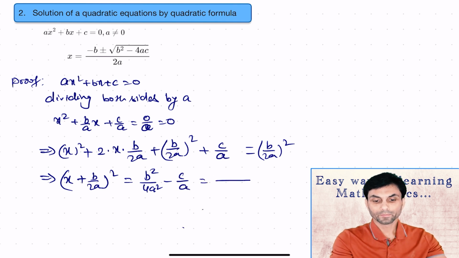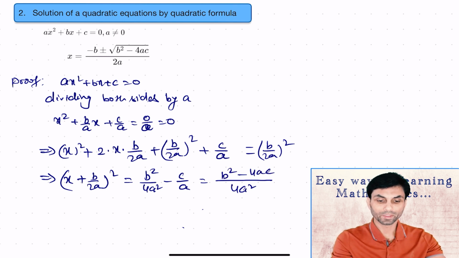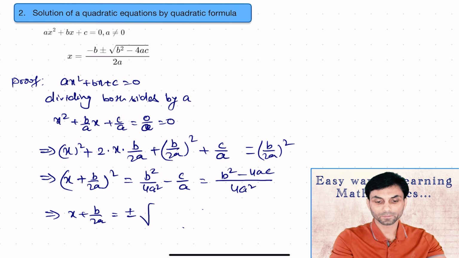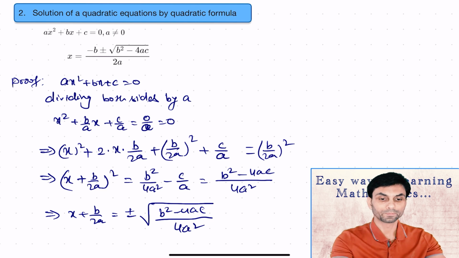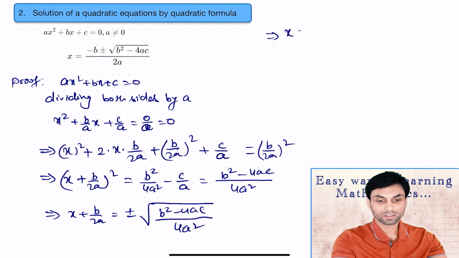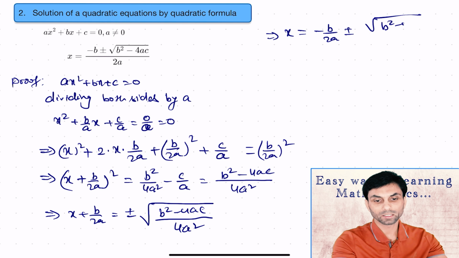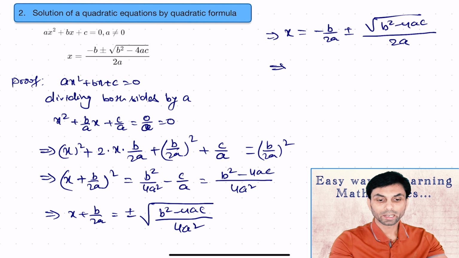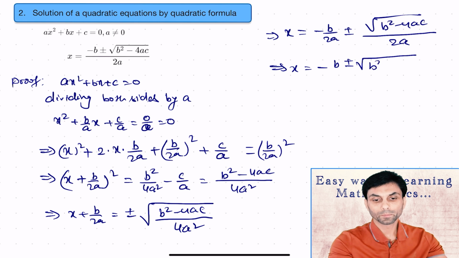So we'll take LCM, that is 4a square, it will become b square minus 4ac, and on solving we'll get x plus b by 2a equals to plus minus square root of b square minus 4ac upon 4a square, which can be written as x equals to minus b upon 2a plus minus square root of b square minus 4ac upon square root of 4a square, which will be 2a, and so the value of x will be minus b plus minus root b square minus 4ac upon 2a.